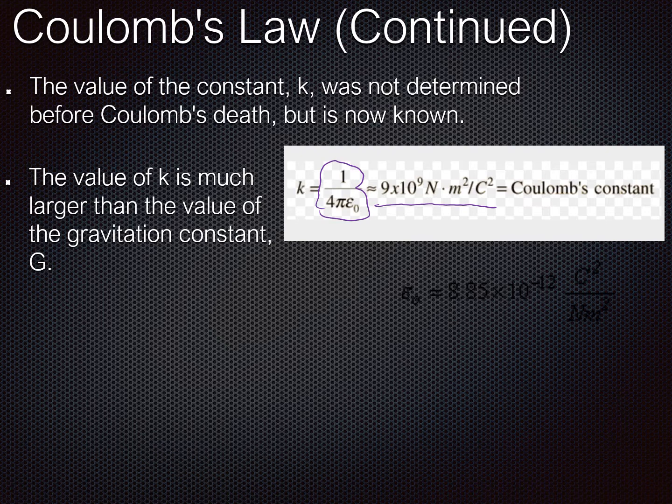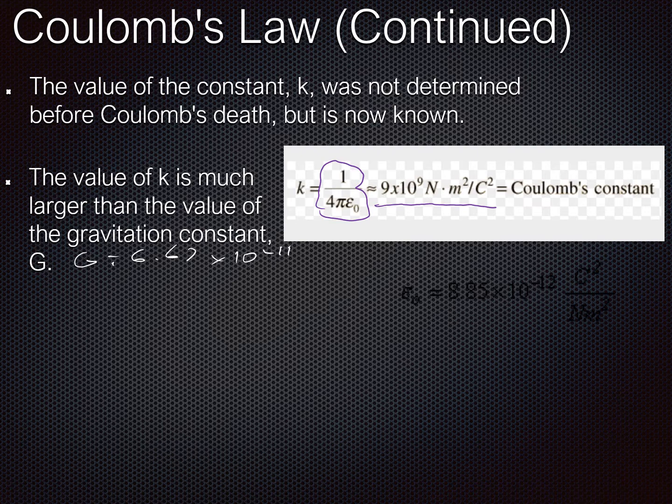Well, if you remember, the value of G was 6.67 times 10 to the minus 11. It's really, really tiny. But here you can see that K is much bigger. It's times 10 to the positive 9. It's like 20 orders of magnitude larger.